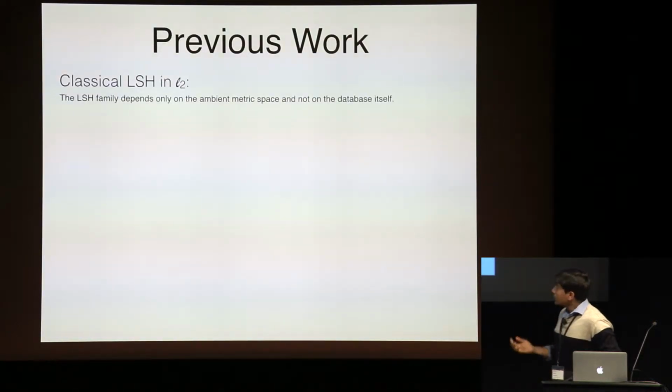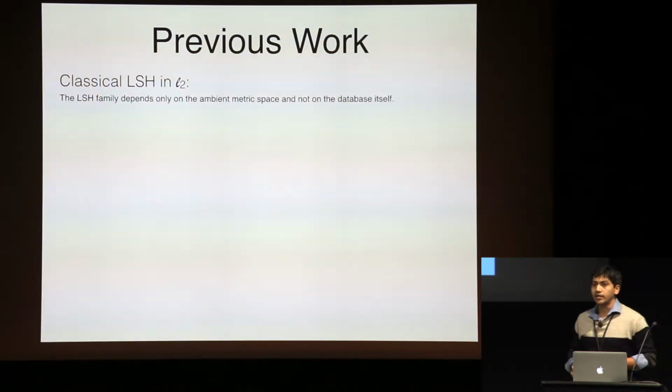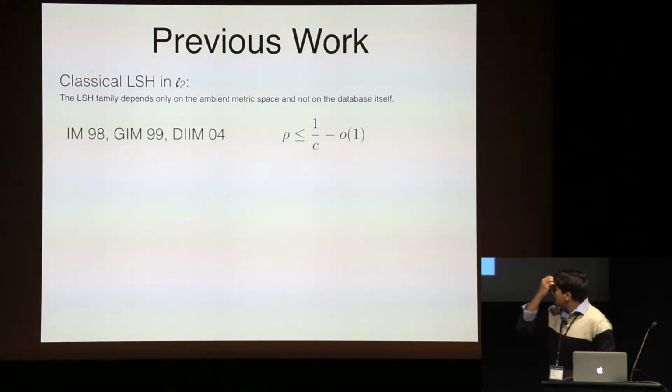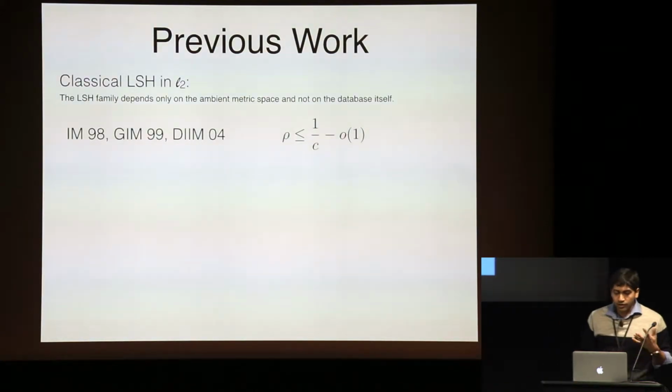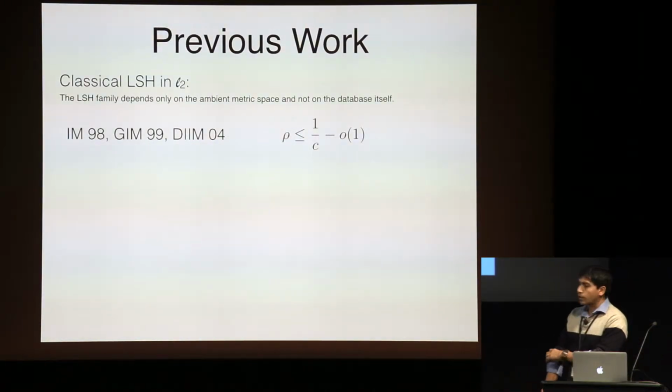LSH has been very well studied, especially for Euclidean L2 norms. In their seminal work, Indyk and Motwani gave a construction of hash function families over the Boolean hypercube which achieved an LSH constant of at most 1 over c.